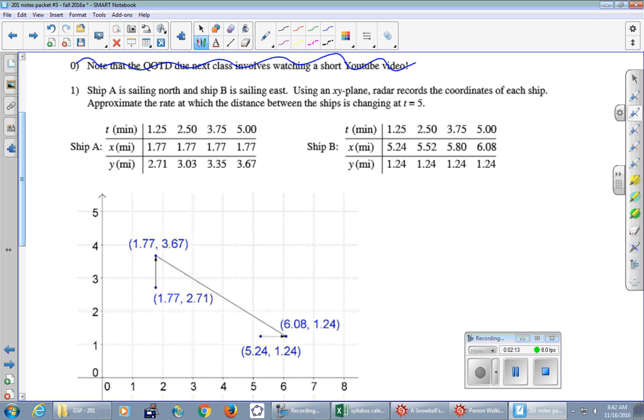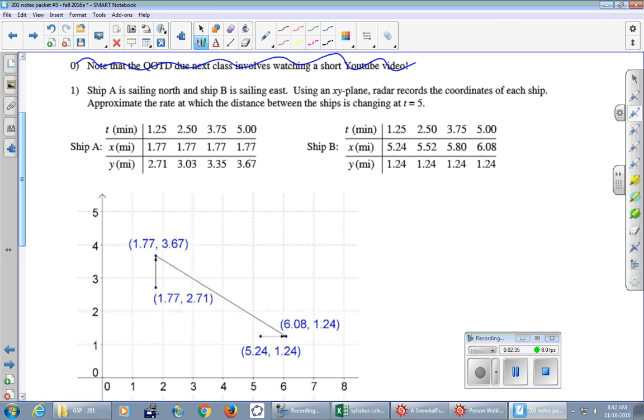This related rates problem is quite a bit different from the ones we were looking at last class, because here all we have are data points. Let's take a look at the data points for ship A. The first row has time in minutes: 1 1/4 minutes, 2 1/2 minutes, etc. Then we've got XY coordinates, which tell us the location of the ship at these different moments in time.